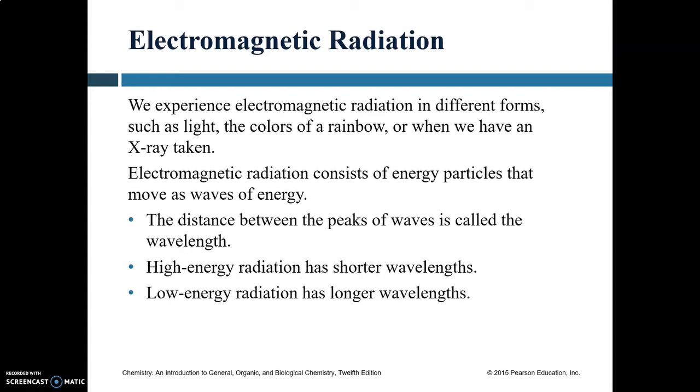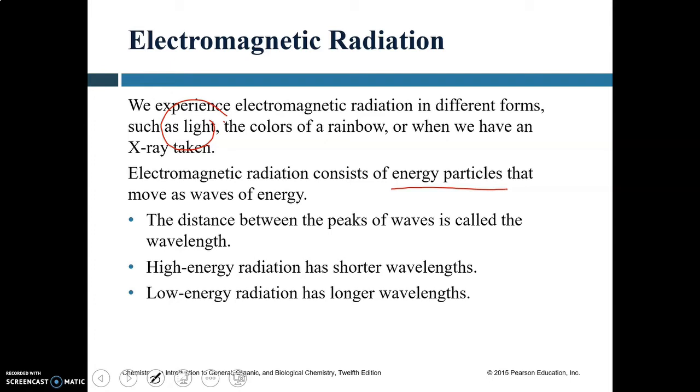Electromagnetic radiation is a form of radiation, such as light, X-rays, gamma rays, or radio waves. It is comprised of energy particles, often referred to as photons, that move as waves of energy. I know that is kind of confusing, but it is one of the concepts of modern physics, that electromagnetic radiation is both particles and waves.